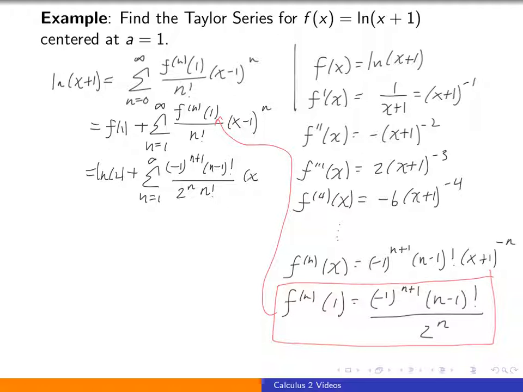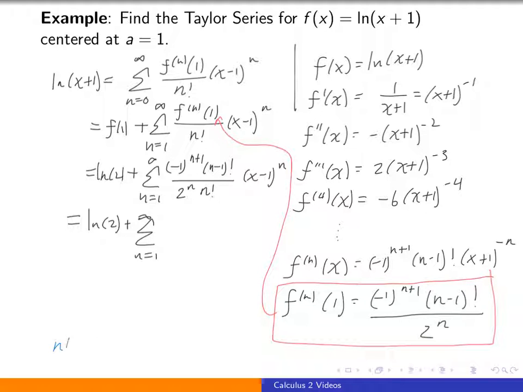And this is all multiplied by x minus 1 to the n. And at this point we have a perfectly good representation of the Taylor series, but at the same time it's always worth taking a moment and doing a bit of algebraic simplification when that is possible.